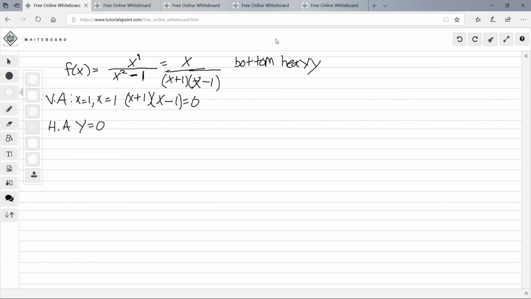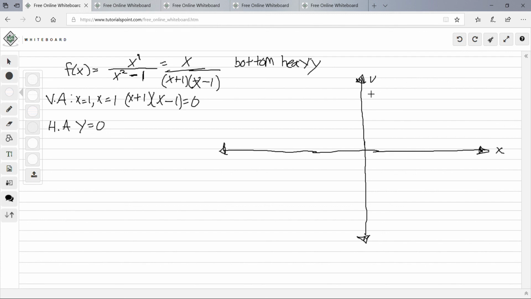We have enough information to graph it. It's going to be our x and this is going to be our y.